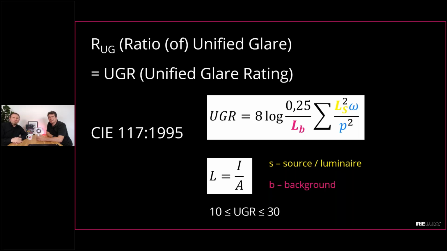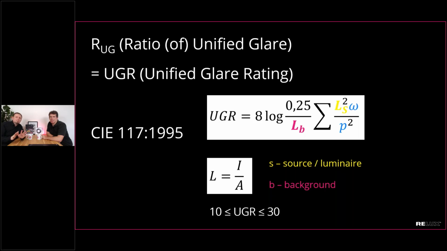Of course it's kind of complex, so it's not a formula where you can just bring out your pocket calculator and have the number ready. The formula consists of all the single light outputs and the background luminance, and at least you need to understand the parts of the formula. As I said, it's impossible to calculate by pocket calculator.